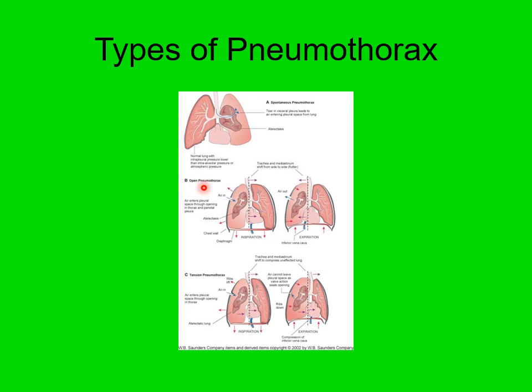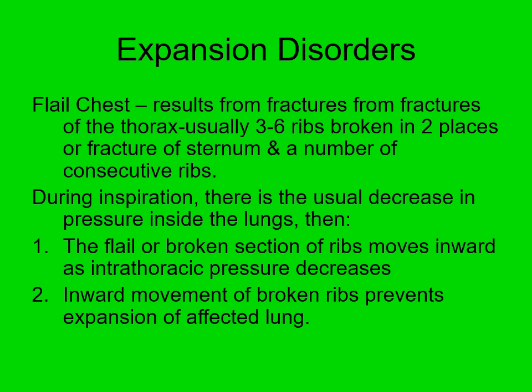Open pneumothorax, air enters the pleural space through an opening in the thorax and parietal pleura, resulting in atelectasis. And then here is tension pneumothorax, air enters the pleural space through the opening, and air cannot leave the pleural space here as the valve action seals the opening. So those are the different types of pneumothorax.